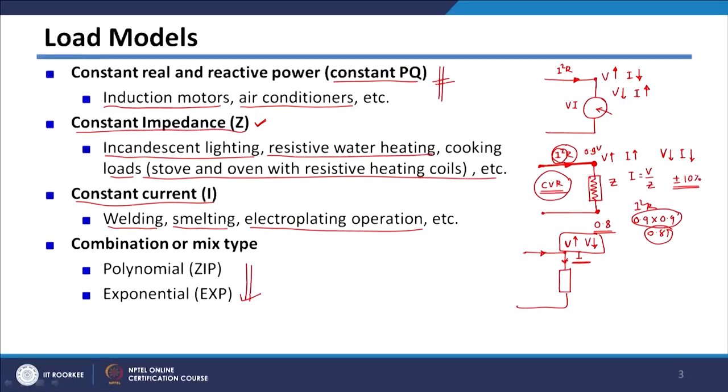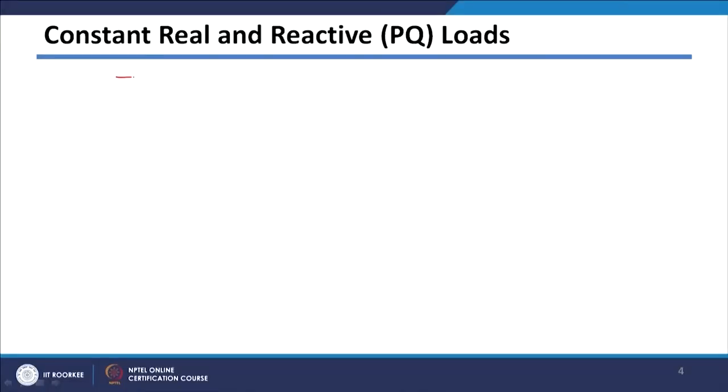We will start with constant real and reactive power load. Since we are considering a distribution system, we should always talk about a three-phase system. So, let us consider your three-phase load. You have these loads here, one phase, another phase, and a third, connected in star; delta we will also consider afterwards.